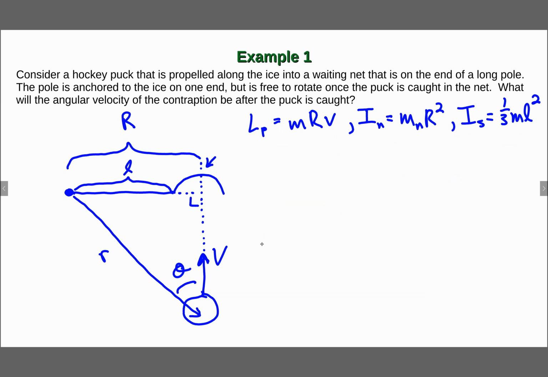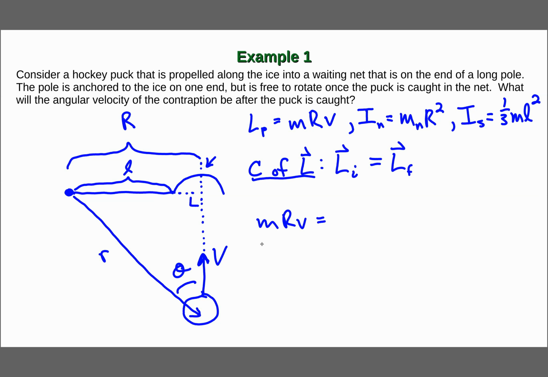Okay, so now what we're going to do is use conservation of angular momentum. That says L initial equals L final. That's it. So what is L initial? Well, initially the only thing moving is the puck, and we found this angular momentum of the puck, and it's mRv.